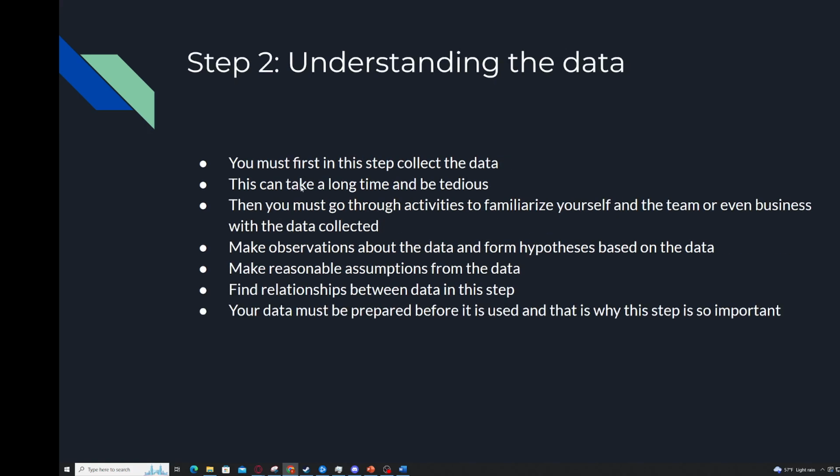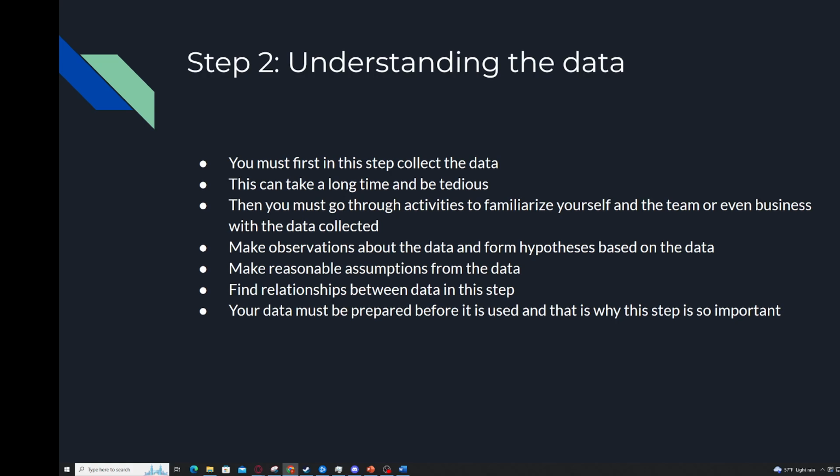Step 2: understanding the data. You must first collect the data. This step can take a long time and be tedious. Then you must go through activities to familiarize yourself, the team, or even the business with the data collected. Make observations. This is very key.